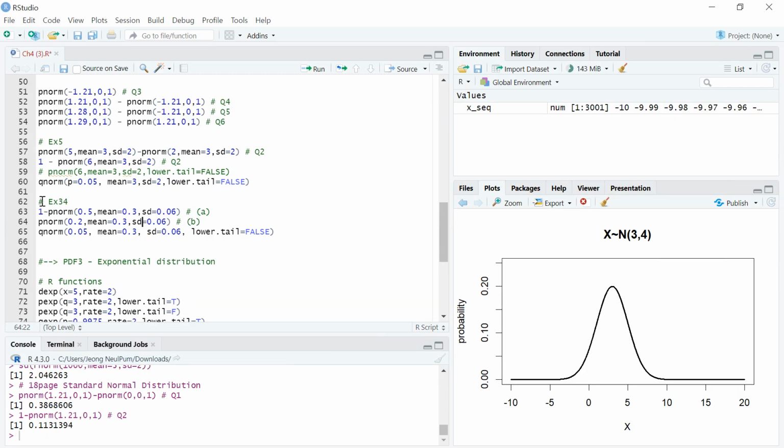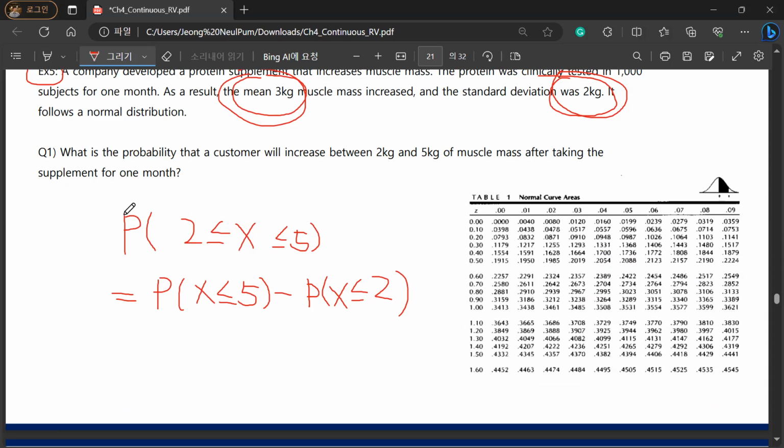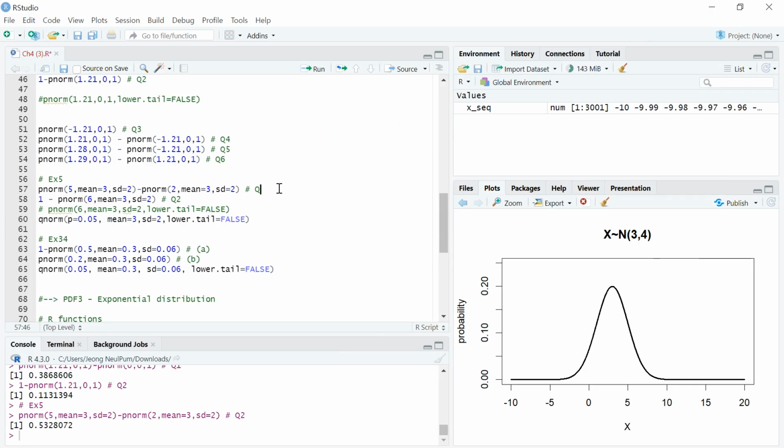This is what I prepared in this part. I just get the difference between two results of the pnorm function with the same mean and standard deviation. So this can be the answer for question number 1.